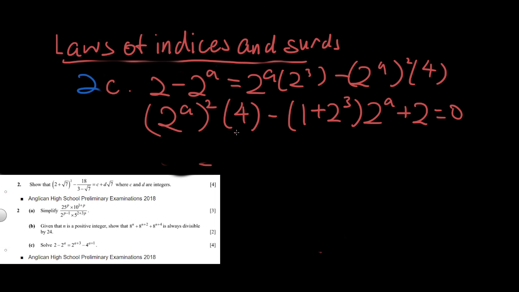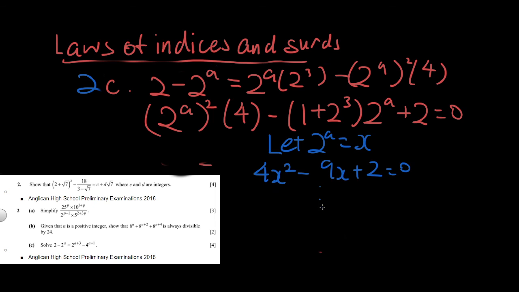And this might look a little bit familiar, but you can do this substitution trick. So let 2^a equal to x, for instance, and it just becomes a quadratic equation. 4x squared minus 9x plus 2 equals 0.